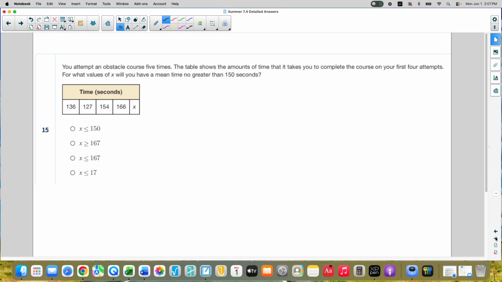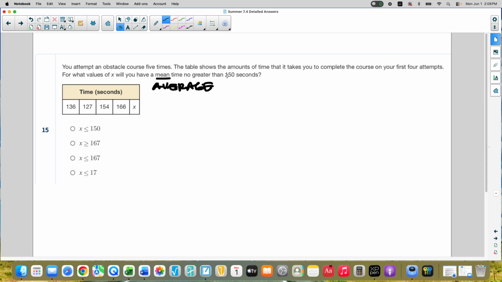You attempt an obstacle course 5 times. The table shows the amount of time it takes for you to complete the course on your first 4 attempts. For what values of X will you have a mean, an average, of no greater than 150 seconds?